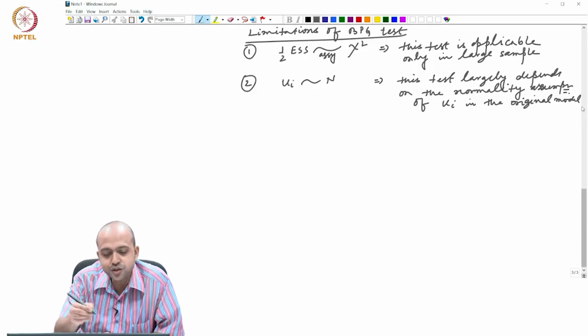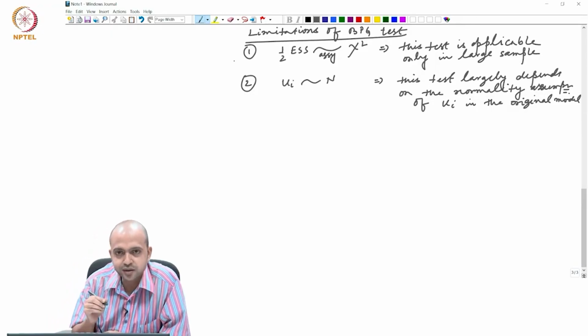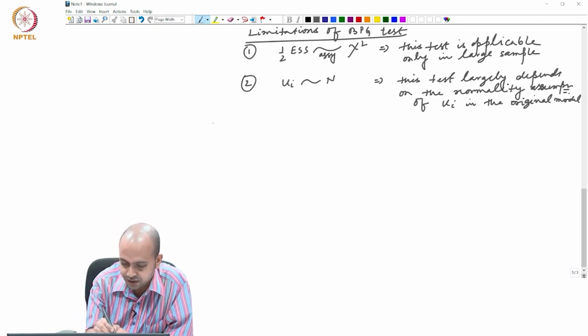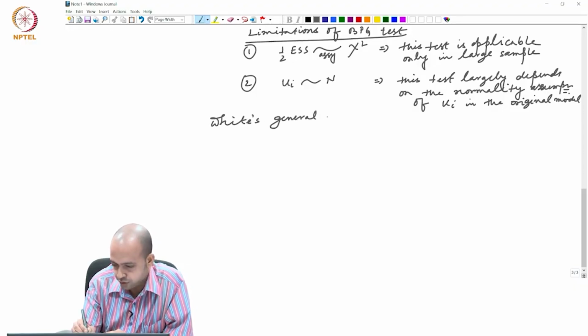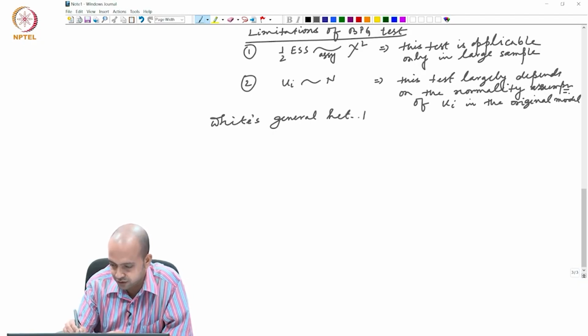To overcome these two limitations, there is one more test which is called White's general heteroscedasticity test, in short I will write it as the White test.